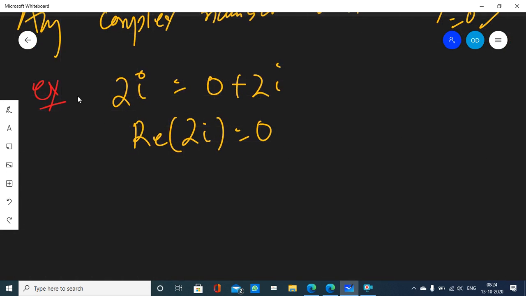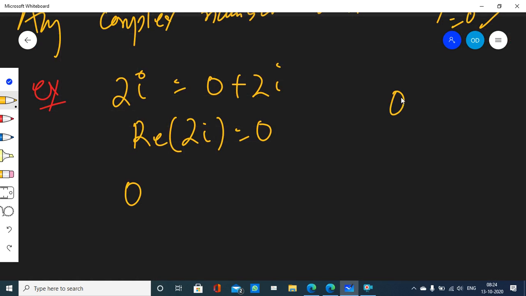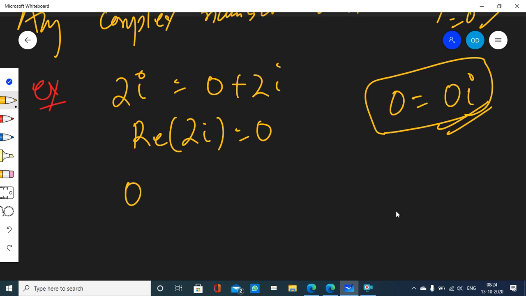0 is also a purely imaginary complex number, because remember I just told you 0 is also an imaginary number, because 0 can be written as 0 into i. So that is why 0 is also a purely imaginary complex number.